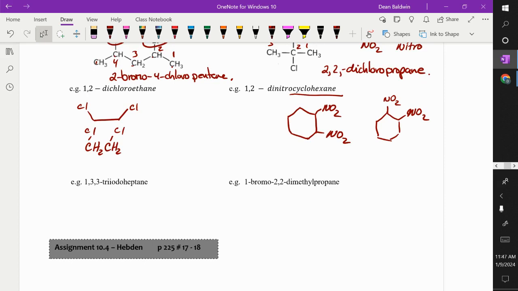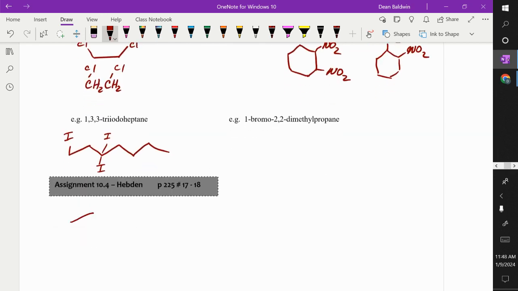1,3,3-triiodoheptane. Heptane is 7. So skeleton 3, 4, 5, 6, 7. 1,3,3-triiodo. There's a skeleton, or they would do it like this. Like that.